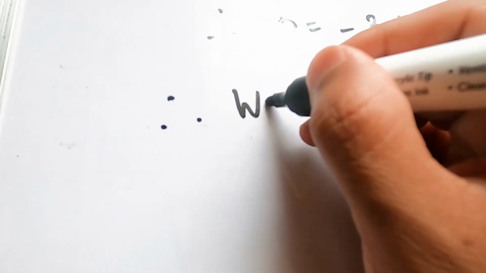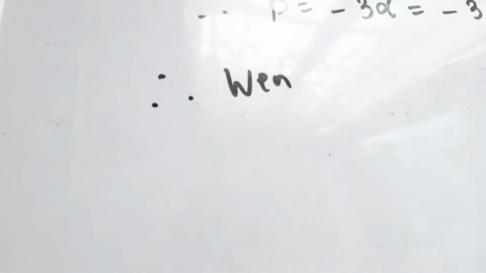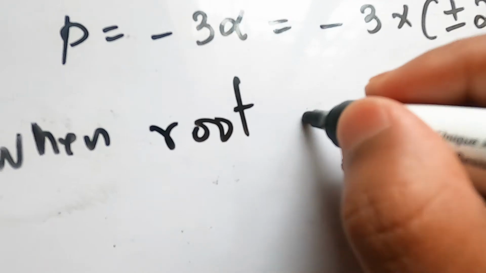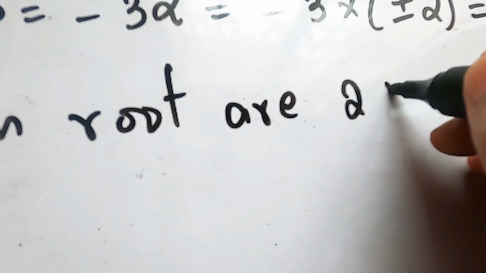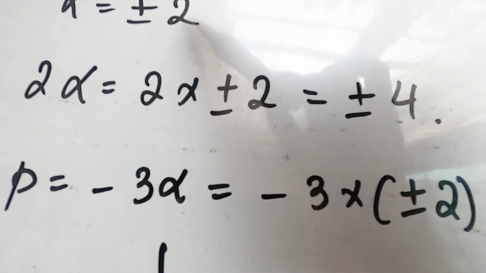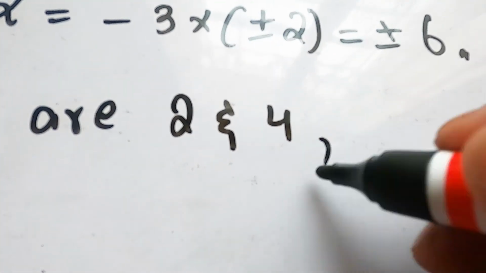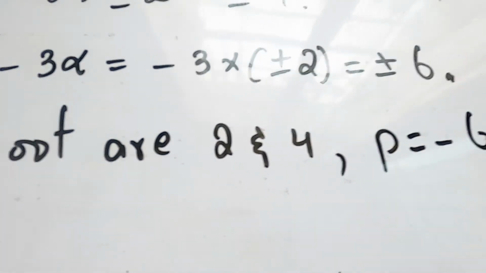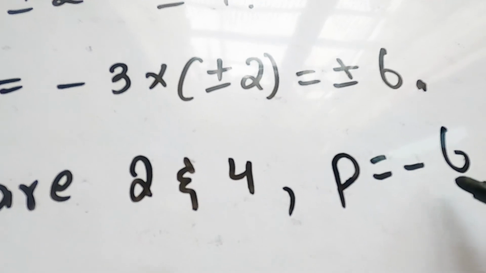So you write here, therefore, when roots are 2 and 4, when alpha is plus 2 and plus 4, the value of p will be equal to minus 6.